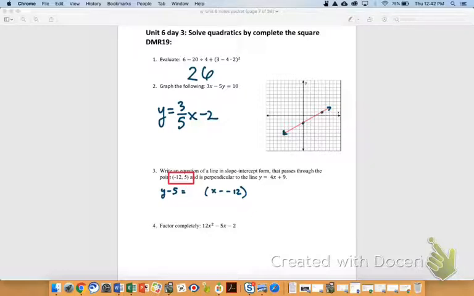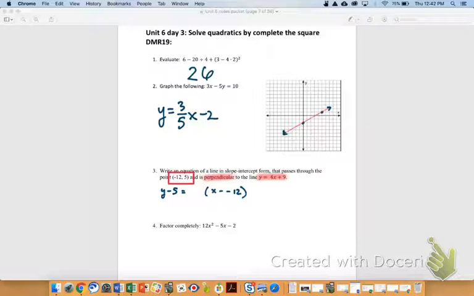So I'm not told really anything about my slope other than my line is perpendicular to this other line. So what's the relationship between perpendicular lines? Say again? Ooh, this is a really crucial point. Yeah, reciprocal and opposite. So reciprocal means you flip it.